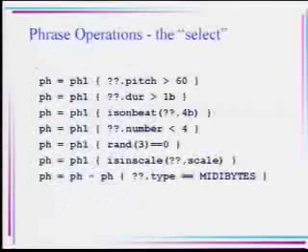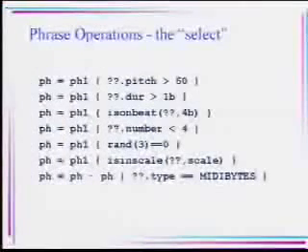There's also a special operator called select, which is essentially an implied loop around the notes of a phrase, and the end result only includes those notes for which that expression is true. So it's like a filter, and it lets you do things fairly concisely.